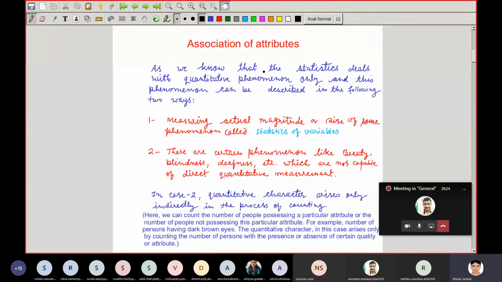So the question is, how can we analyze such type of data when we cannot determine directly the association, or relation, between this data. That is why we have association of attributes.